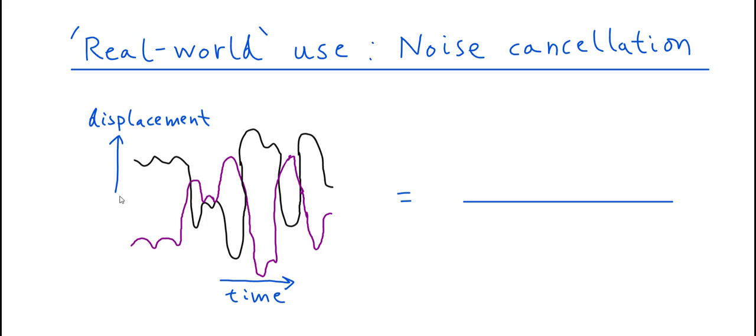And of course, as you probably guessed from what I've got here, from the principle of superposition, if we add these two together, what we get is a total displacement of 0 at all times. So in other words, the noise has well and truly been cancelled, and so what's left over is the music or the podcast or whatever that you're trying to listen to.